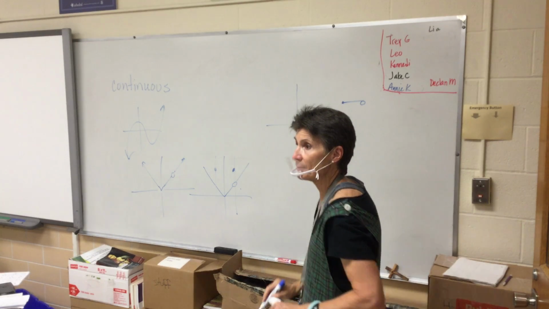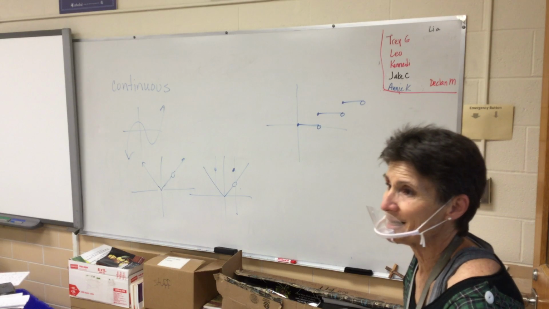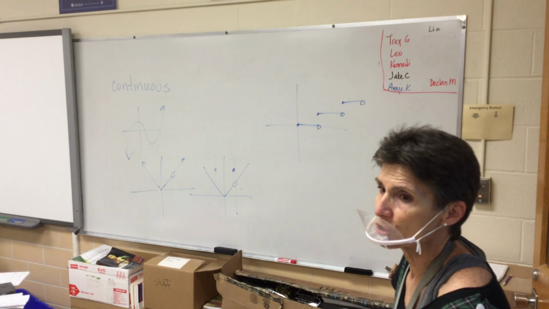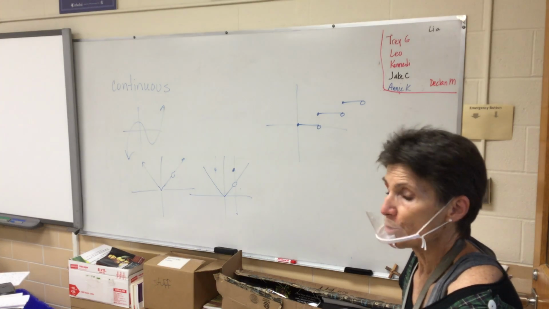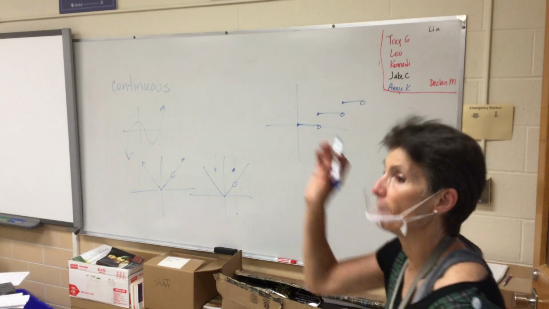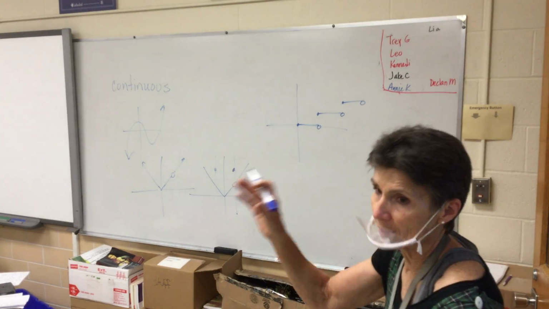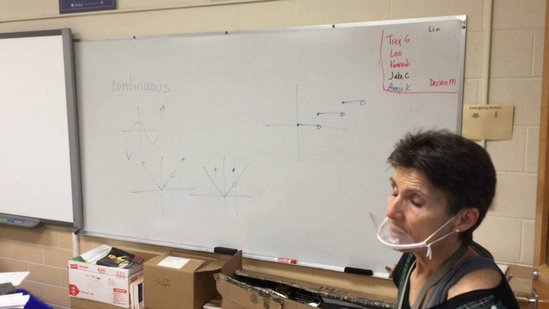Have you seen things like that? Maybe you call them step functions. Maybe you call them a greatest integer function. But that's an example of a jump discontinuity, where you have a piece of curve, and then you jump to another piece, and then you jump to another piece, and so on. That's called a jump discontinuity.